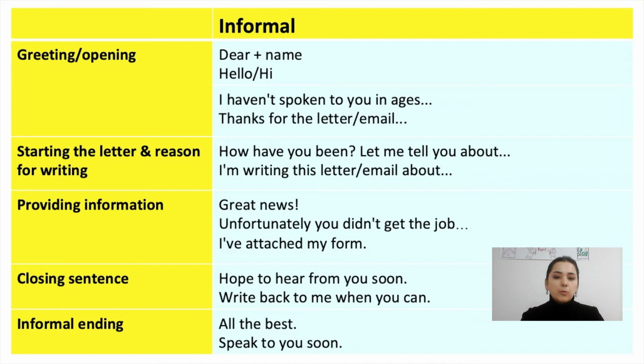Following on from this, we can provide more information about the points that we are making. For example, great news, or unfortunately you didn't get the job. I've attached my form. Then we finish with a closing sentence.